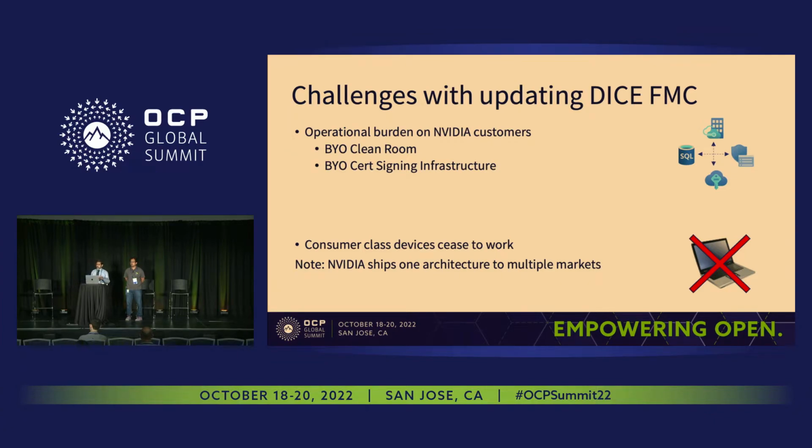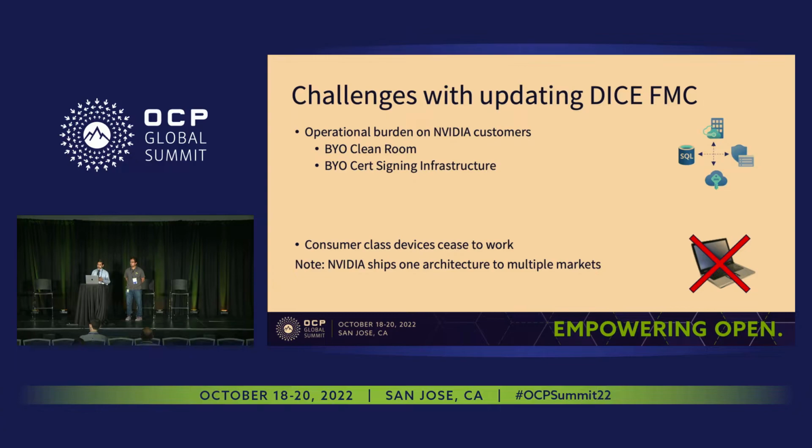Now, even if the customer is willing to do so, clearly this is operational burden for customers, and it takes time, which means if it needs to happen before the device is deployed, then it may lead to a longer time to market. If it is changed after the device has been deployed, then it will lead to potential downtime. But the second class of customers is the nasty one. Imagine a consumer class device.